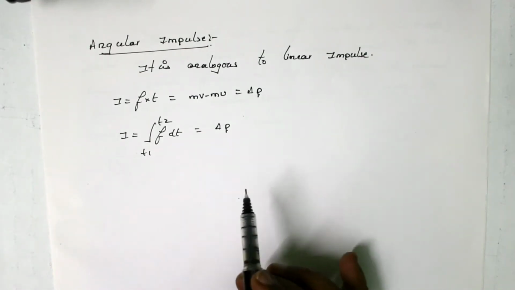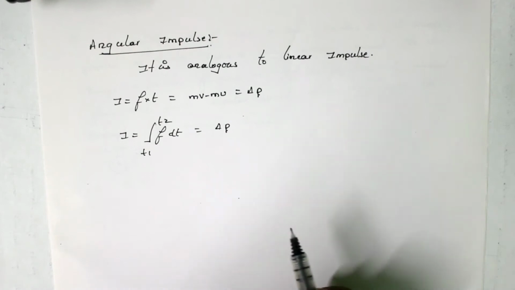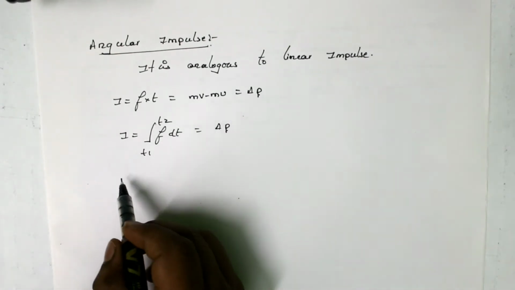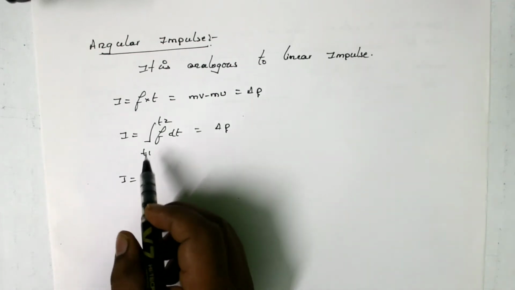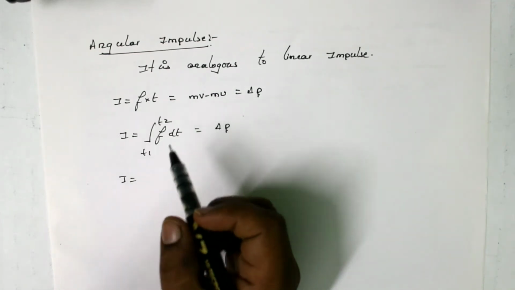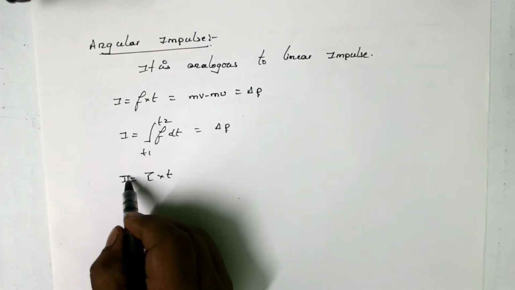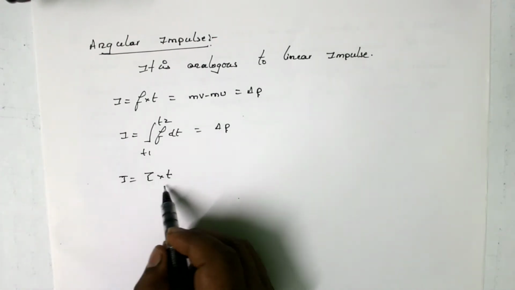The same concept we can apply in rotational motion also. Linear impulse I will indicate by I, and angular impulse we will indicate by J. So J is equals to, instead of F, a torque here, so tau into T. This becomes our equation for angular impulse.